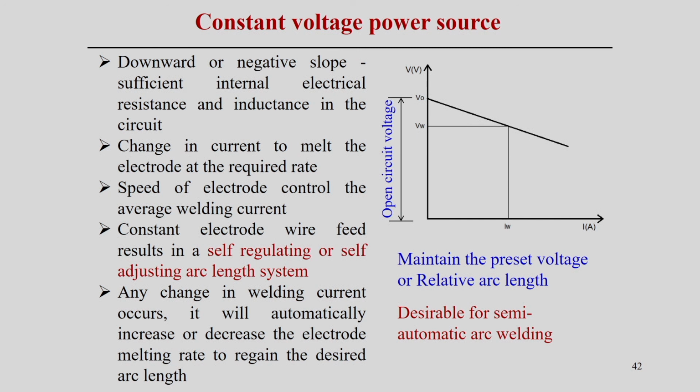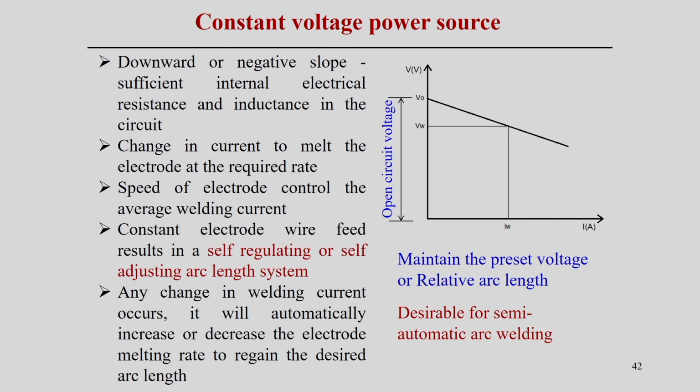A downward negative slope is there, but sufficient internal electric resistance and inductance in the circuit are available. A change in the current melts the electrode at the required rate. That means if the current changes, the melting rate is automatically affected.